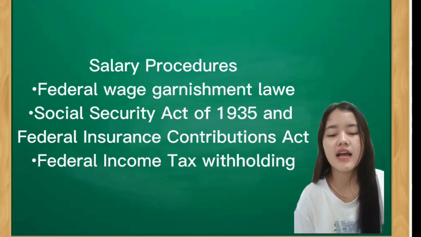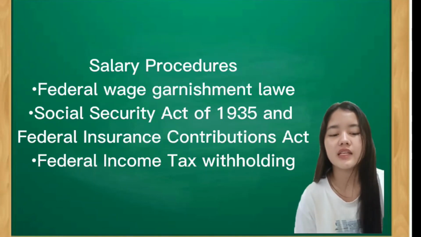The Social Security Act of 1935 and the Federal Insurance Contributions Act provide for retirement, disability, burial, and survivor benefits to eligible employees. And then the next one is federal income tax withholding, which requires the employer to collect employees' income tax and deposit it in a federal depository.